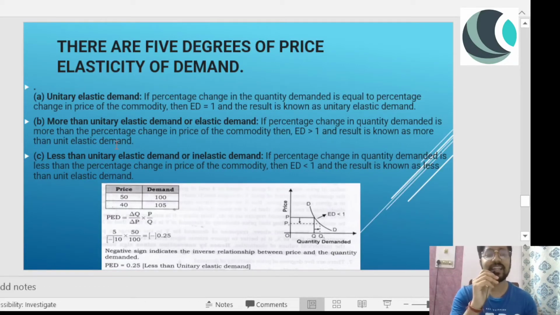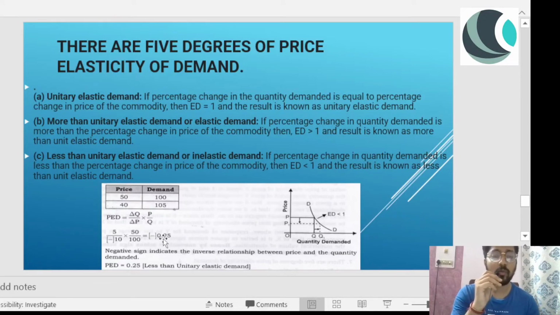But in this, we are tackling the situation of inelastic demand. So the price has fallen by 10 and the demand has increased by only 5. The formula is change in Q upon change in P into P by Q. So change in Q is 5, it increased by just 5, and change in price is 10, into P by Q. P, the original price, is 50 and original demand is 100.